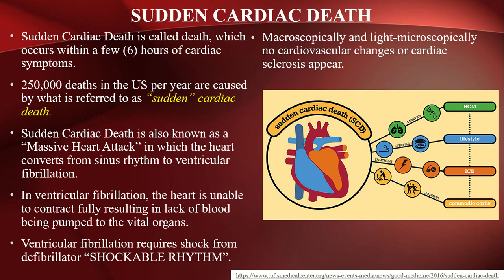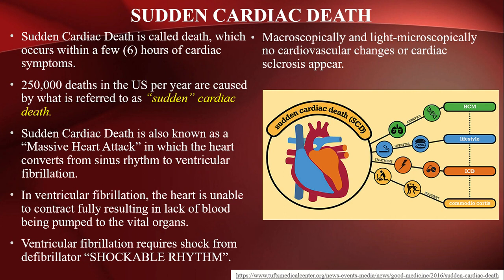Sudden cardiac death is death which occurs within a few, 6 hours of cardiac symptoms. 250,000 deaths in the United States per year are caused by what is referred to as sudden cardiac death. It is also known as a massive heart attack, in which the heart converts from sinus rhythm to ventricular fibrillation.